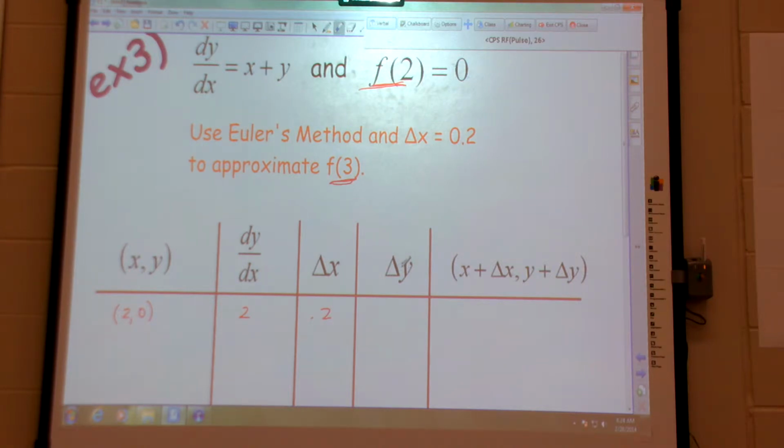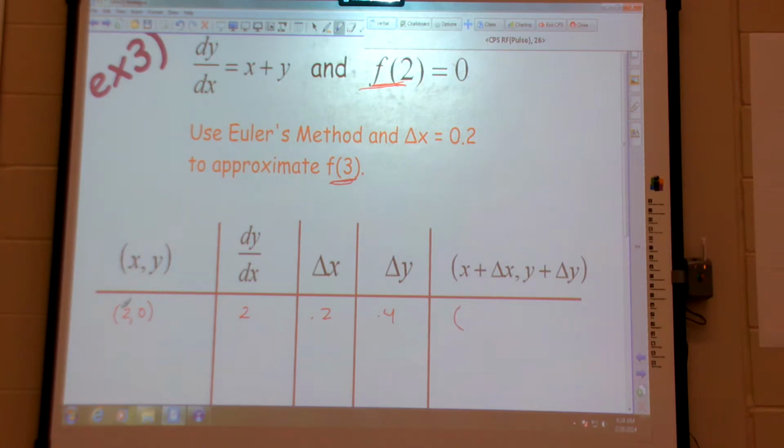Remember, to find delta y, you multiply these two, which will give me 0.4. 2 times 0.2 is 0.4. Now I want the new point.